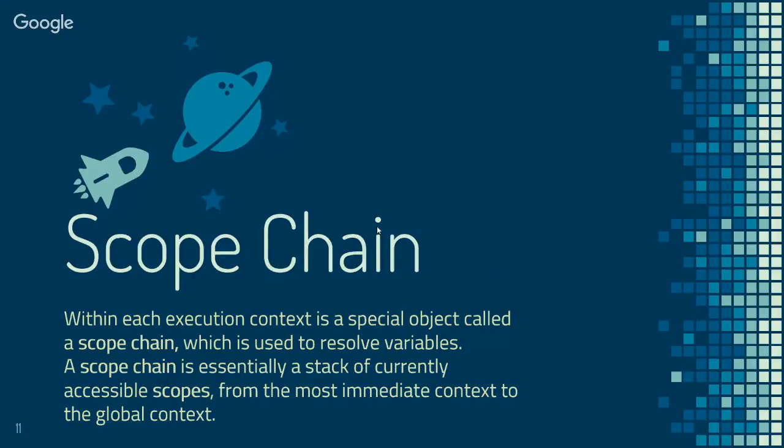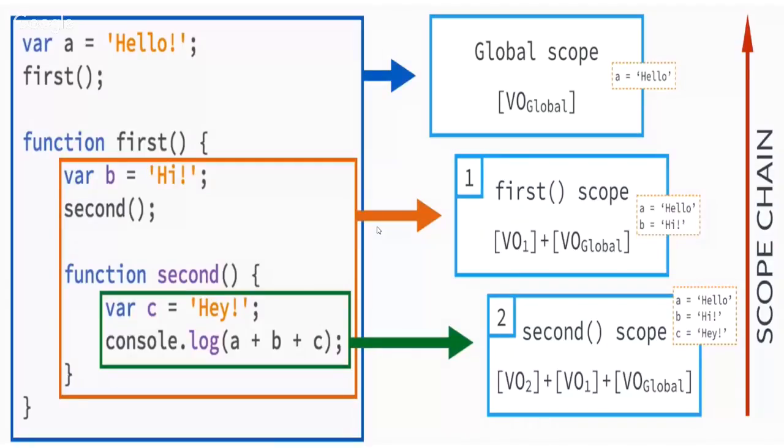So let's go back. It's very important to remember that this process does not occur backwards. Notice how we have a red arrow that's pointing upwards, from the second to the first, back to the global scope. It goes from the innermost function, the second one here, which is nested the furthest.